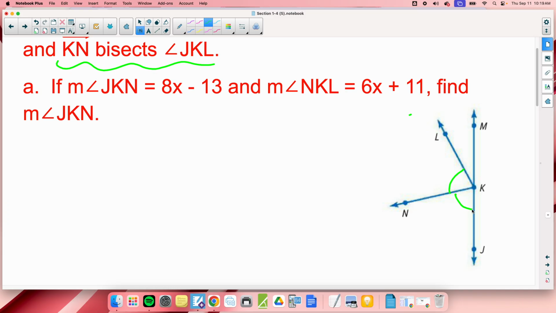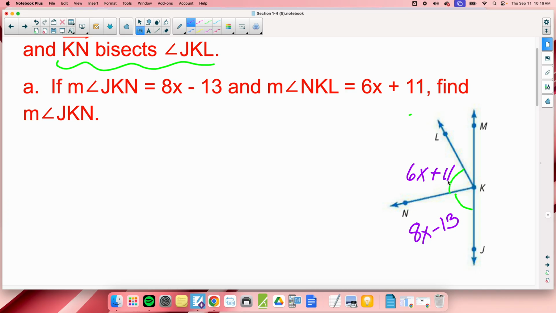So angle JKL is cut in half. So these 2 pieces are equal. Then they tell us angle JKN right here is 8x minus 13, and NKL right here is 6x plus 11, okay?